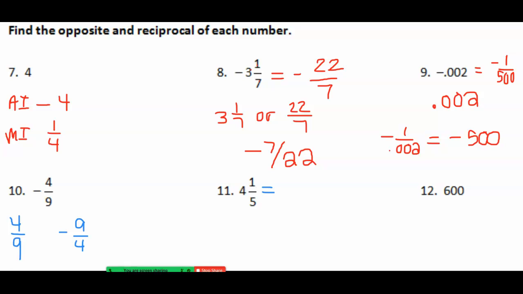Mixed numbers need to be written as improper. So 5 times 4 is 20. So that's 21/5. So the additive inverse is negative 21 over 5. And the reciprocal is 5 over 21.